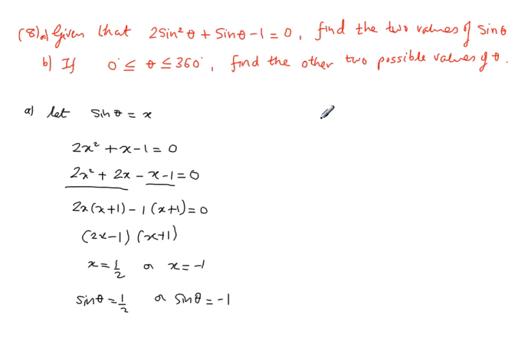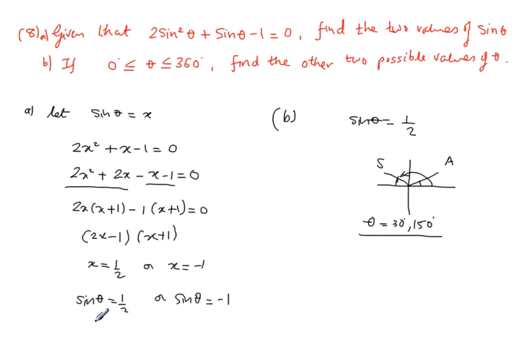Now, part B. Get the other 2 possible values. So if your sine theta is half, my base angle would be 30 degrees, as you know. That is 30 degrees with the x-axis. Sine is positive here and here. So my angles would be 30 and 180 minus 30 because I have to look at this angle. 180 minus 30 is 150.